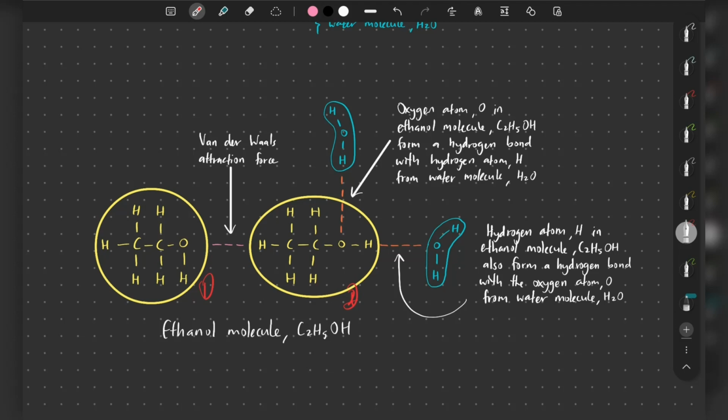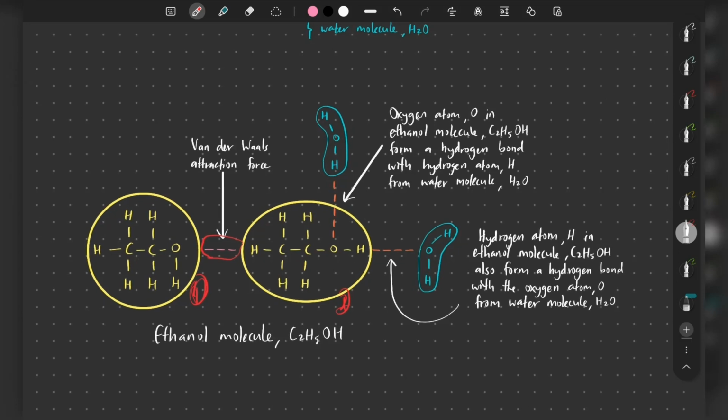Van der Waals occurs when there is an attraction force between molecules. So we have this attraction force between the first ethanol molecule and the second ethanol molecule. We call it van der Waals attraction force. Let's not mind that too much, because we are going to focus on the hydrogen bonds only.